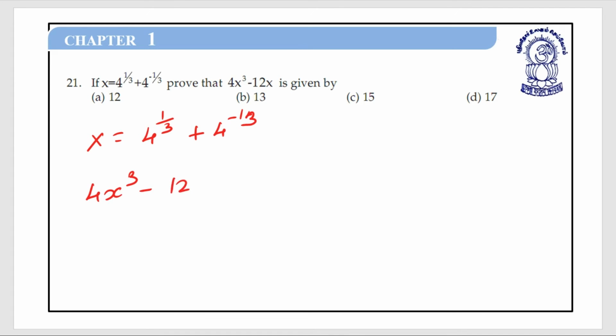So 4x cube minus 12x, here you can write 4 raised to 1 by 3 plus 1 upon 4 raised to 1 by 3.